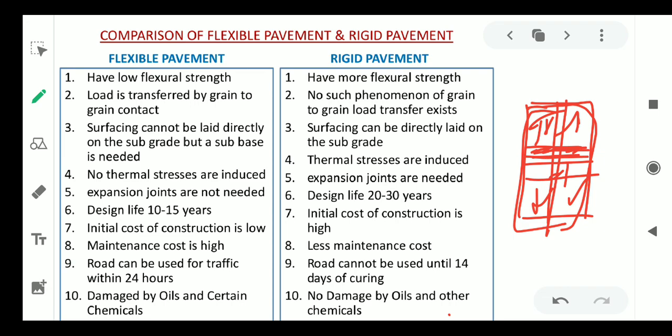So the joints are needed in case of rigid pavement. Expansion joint.